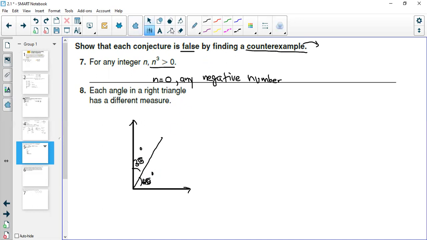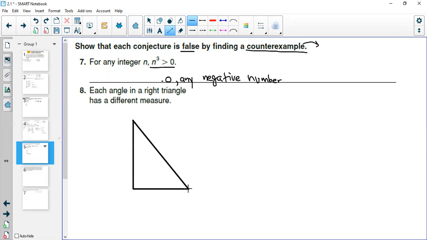Yes, we can, because now let me show it in a drawing for you rather than putting that in words. They said it's a right angle, so right triangle. So let's draw a right triangle. This is how a right triangle looks. Now does each angle in a right triangle have a different measure? No, they won't.